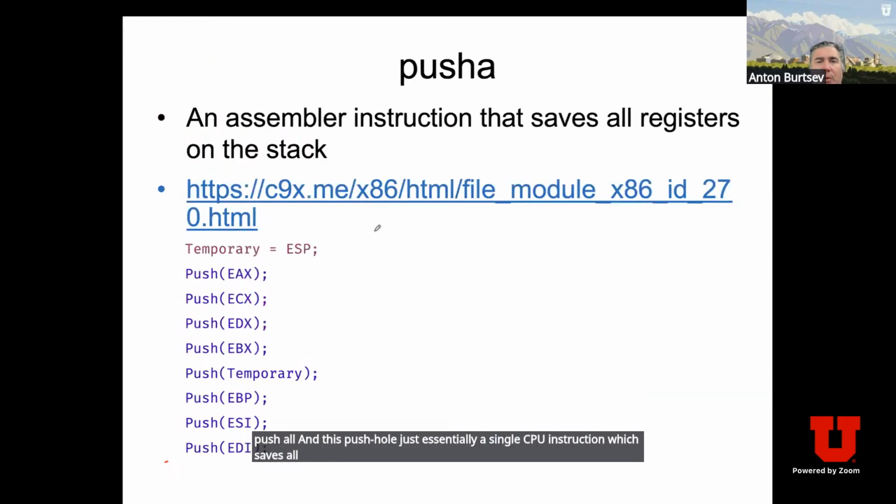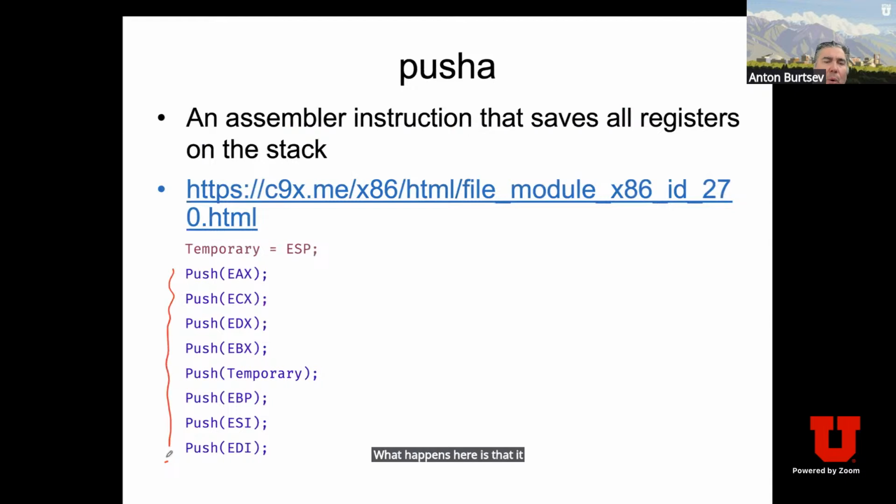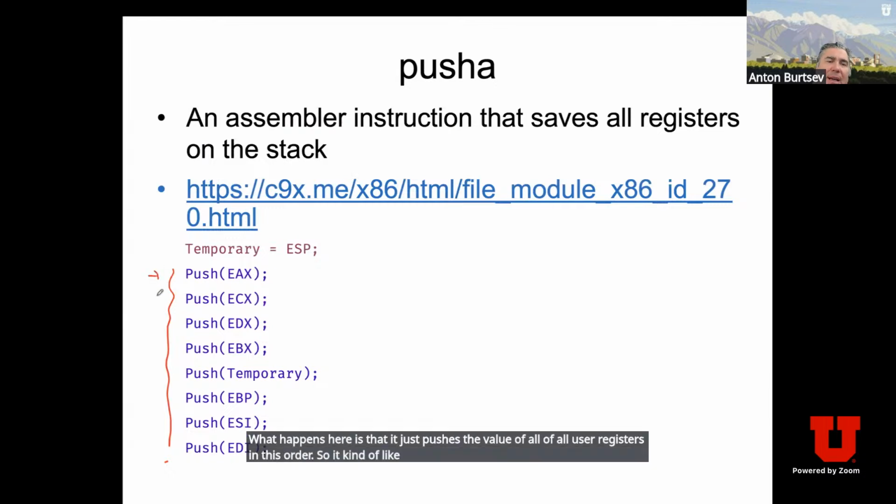So if you click on this link, you go to the description of the instruction. But really, what happens here is that it just pushes the value of all user registers in this order. So it implements push EAX, push ECX, and so on, right?